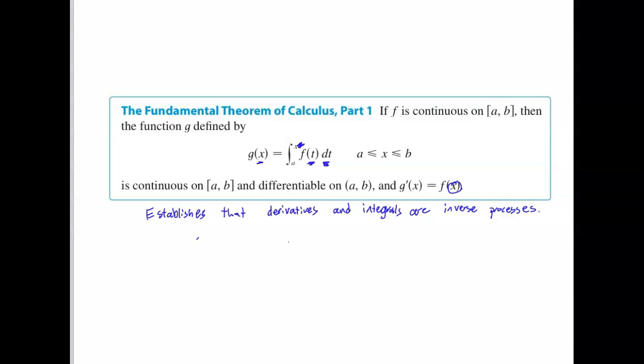Well, our function in this case is just this, right? But instead of t, we're going to have x. So when we take the derivative, it basically undoes d dx of that integral. It undoes the integral. Those two things cancel each other out.